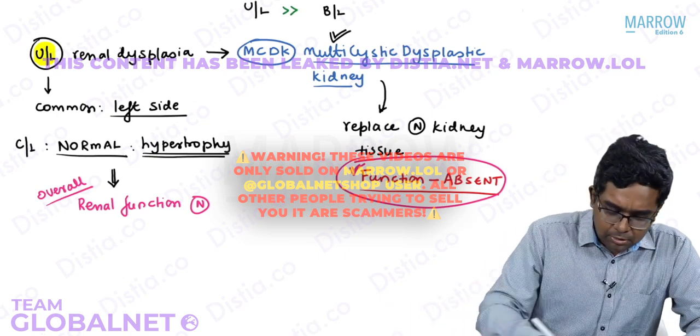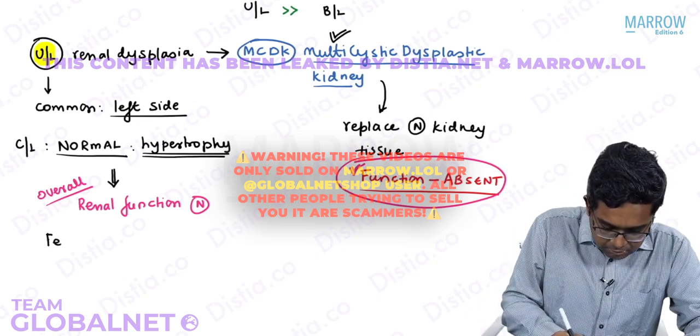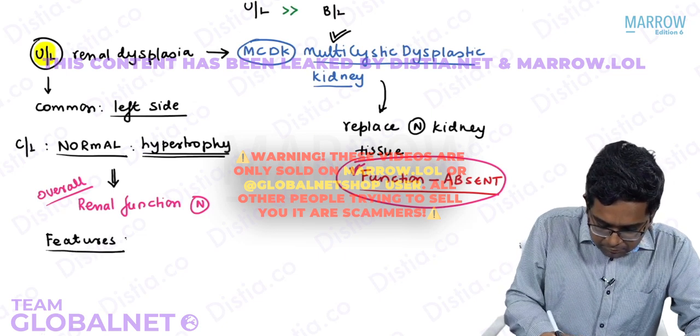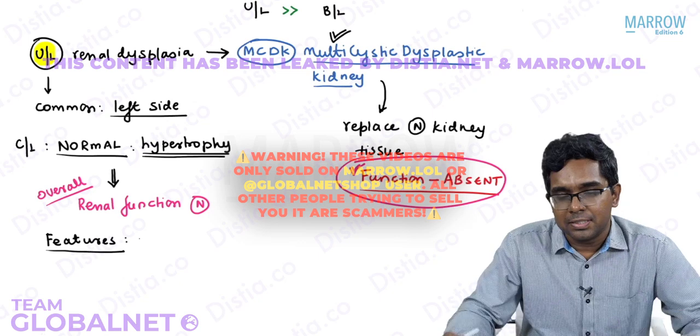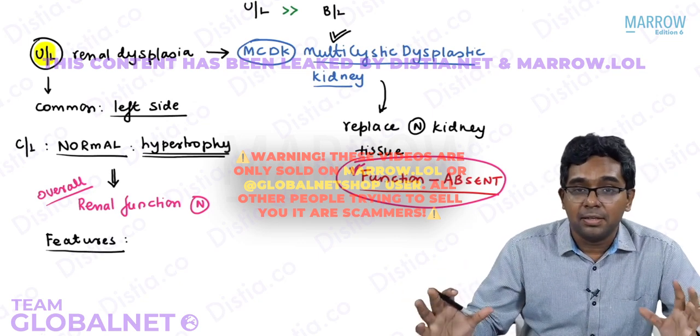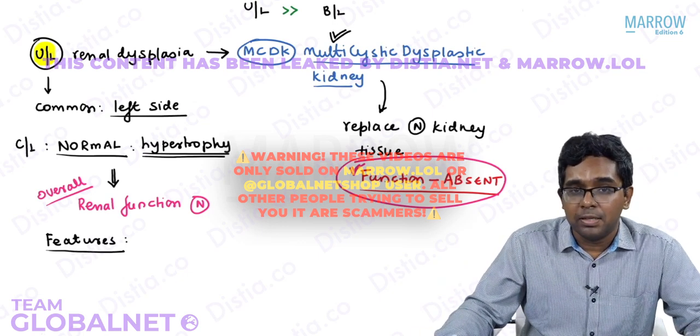Okay, now coming to the point, how do these children present, or what is the feature of this particular condition? Remember, on the affected side, I told you there is a lot of cysts. These cysts will result in enlargement of that particular kidney. So how does it show up? It shows up as an abdominal mass.